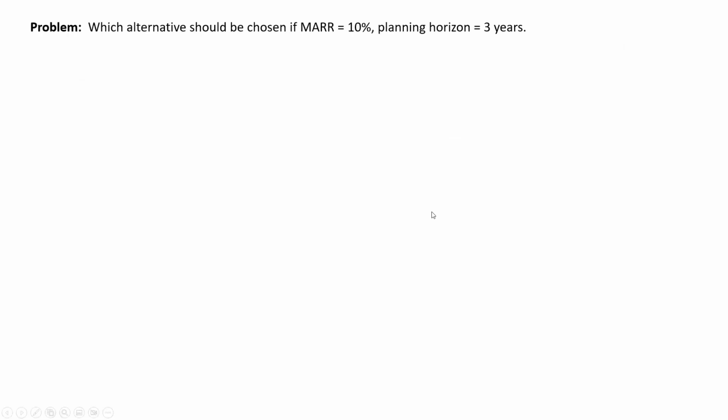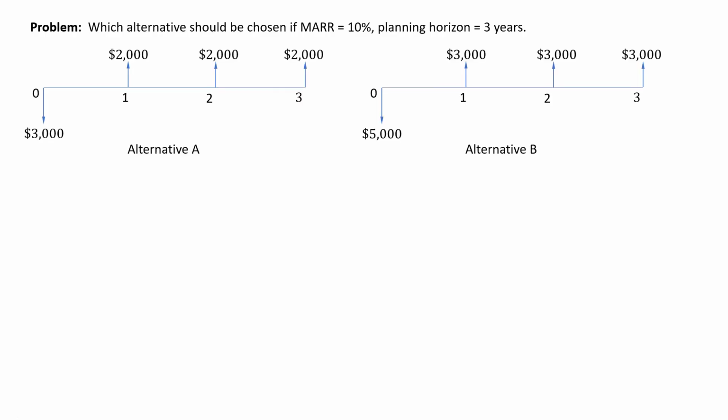Which alternative should be chosen if minimum attractive rate of return is 10%, planning horizon is 3 years? So there are two alternatives that look like this. Which one should we choose? Can we find the present worth of both cases?